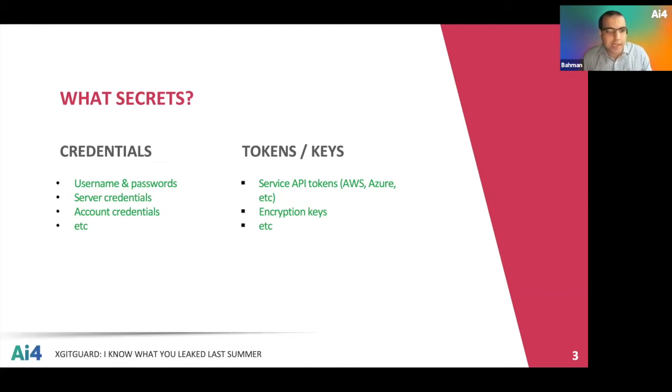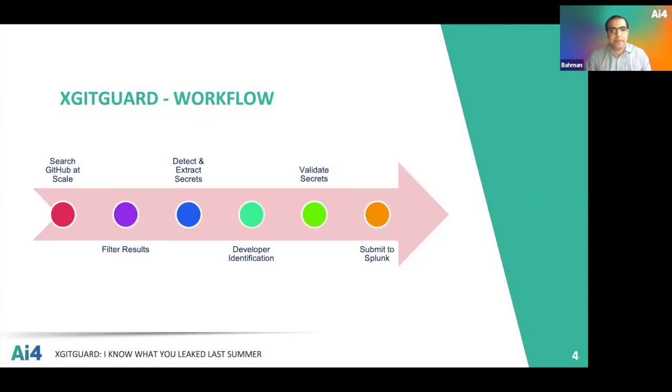We will have two different approaches for these two types of secrets. They're slightly different, and we'll get into details of how our approach differs. I'd like to give an overview of how XGITGuard works before I jump into the internal components and architecture of XGITGuard.